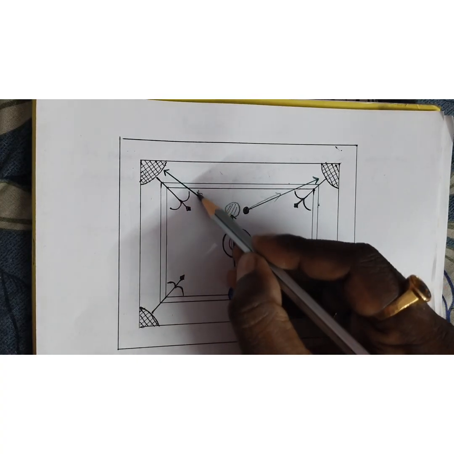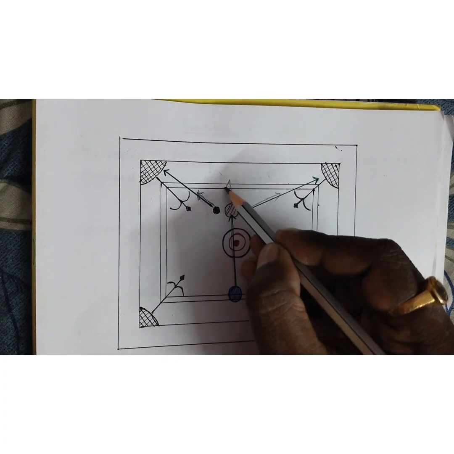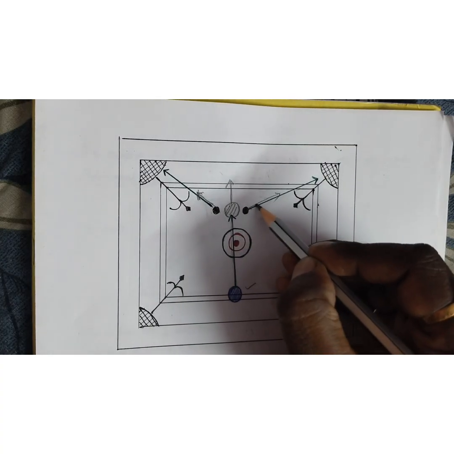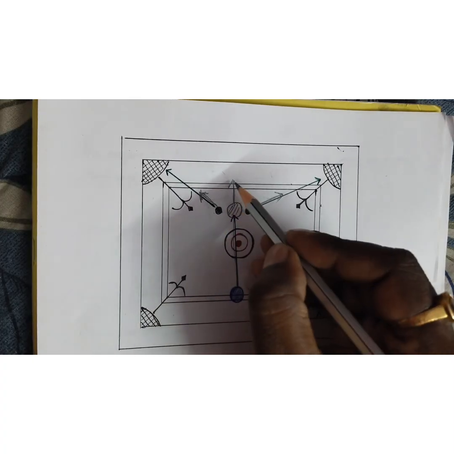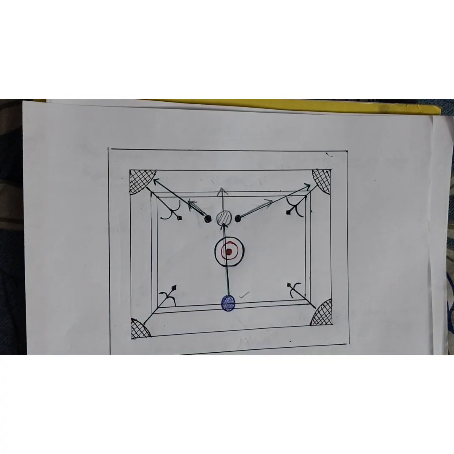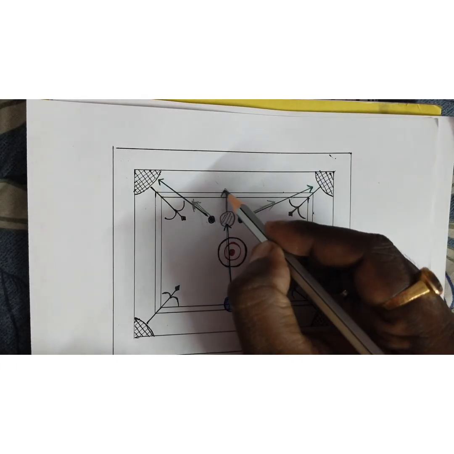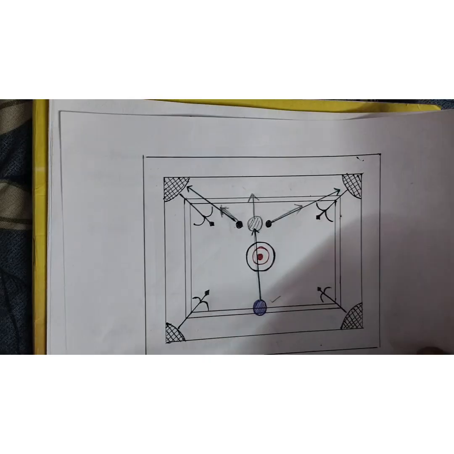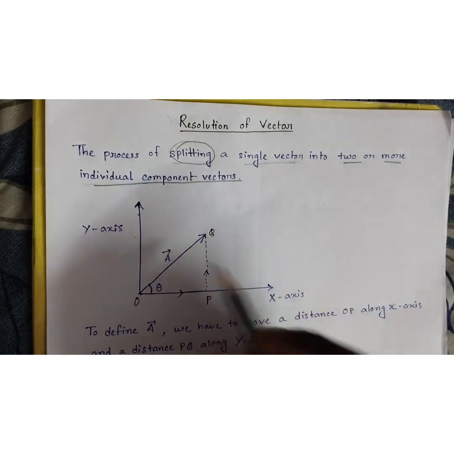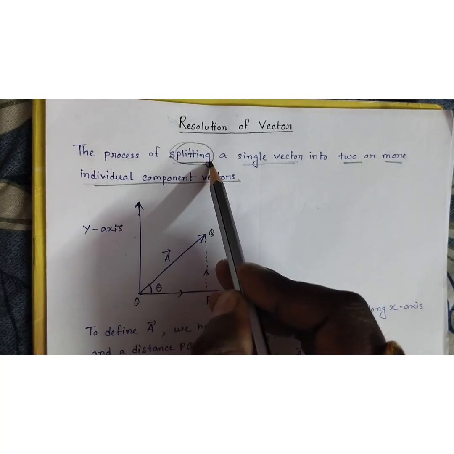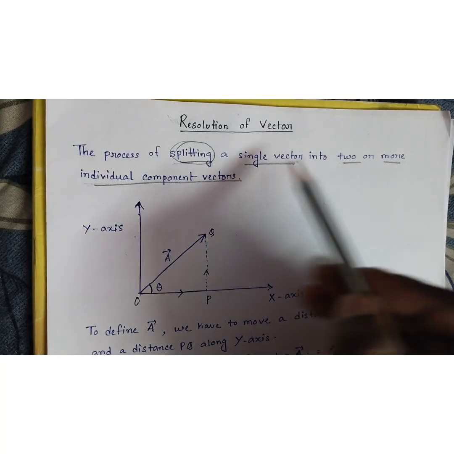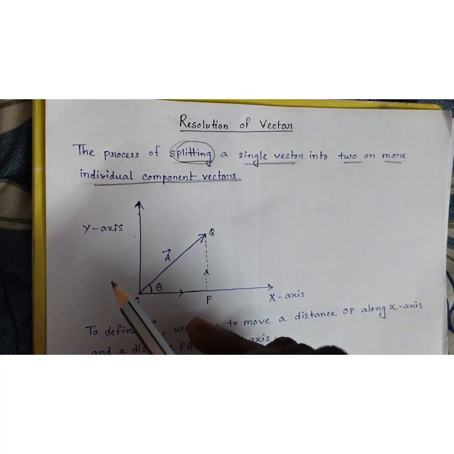It is very peculiar. The striker is moving in this direction, but the 2 point is moving in this direction. This is actually the resolution of vector. If you read the definition again, it is a process of splitting a single vector into two or more individual component vectors.